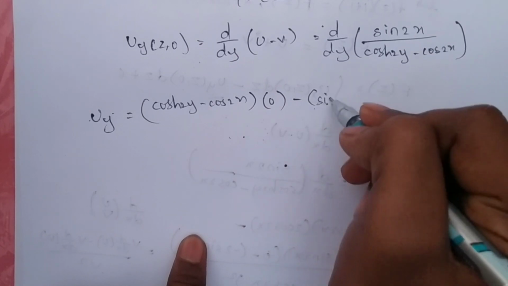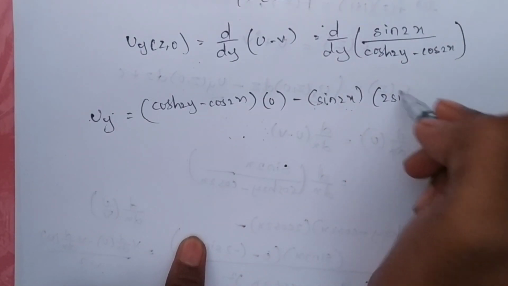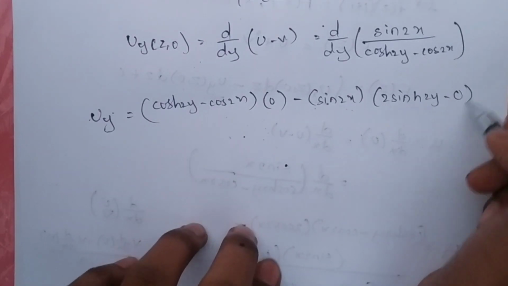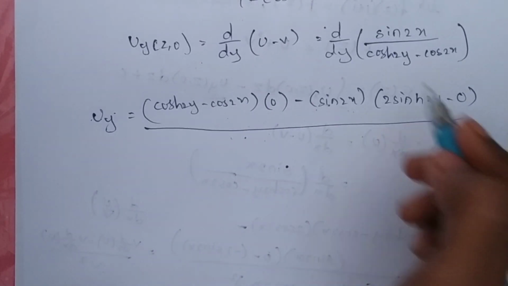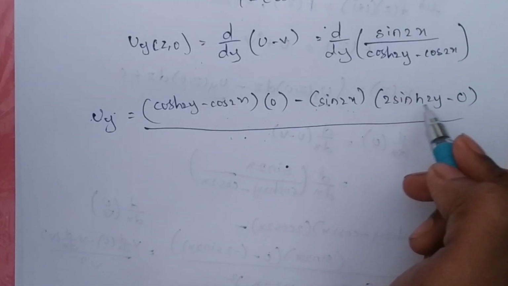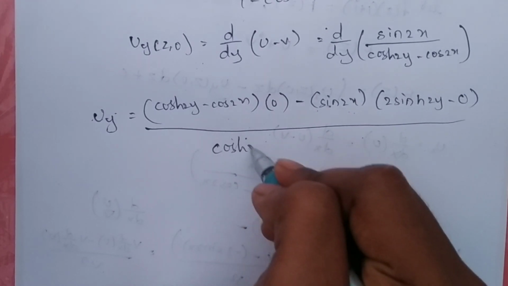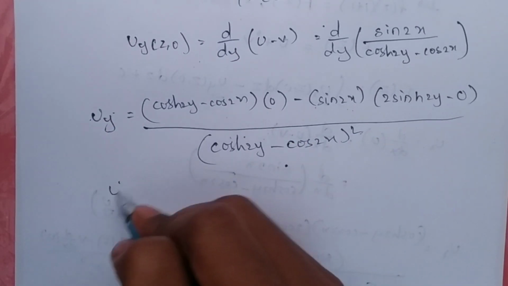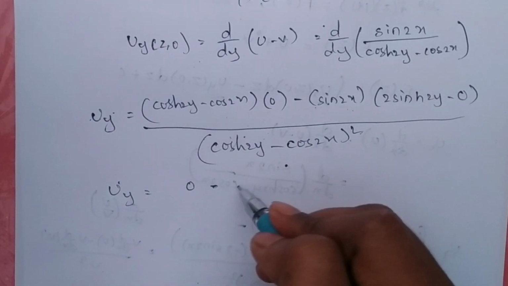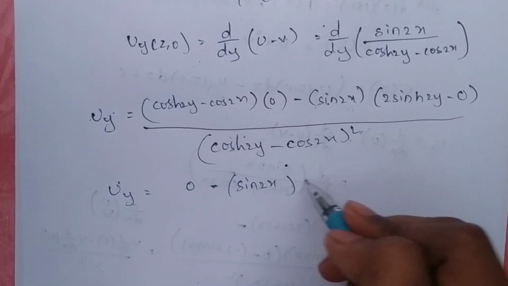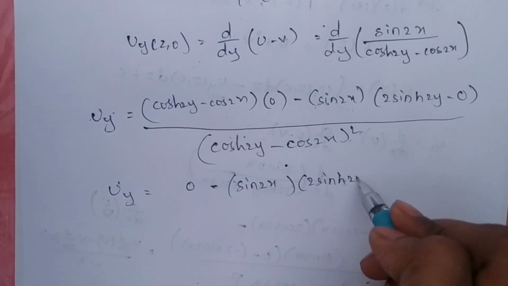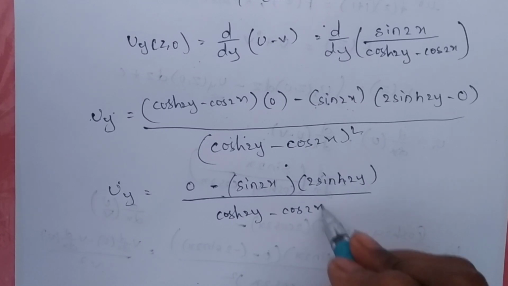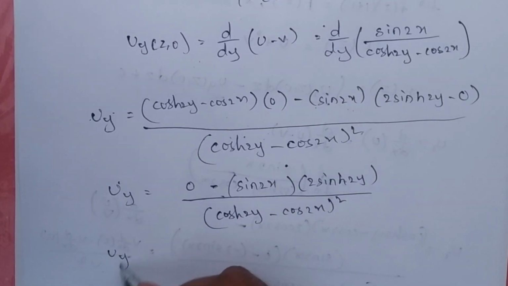So sin 2x into 2 sin h2y, minus, the differentiation of cos 2x is 0 because x is a constant there, and the differentiation of cos h2y is 2 sin h2y, over cos h2y minus cos 2x whole square. If you simplify it, you will get 0 minus sin 2x into 2 sin h2y by cos h2y minus cos 2x whole square.